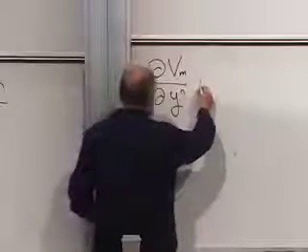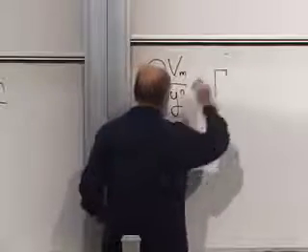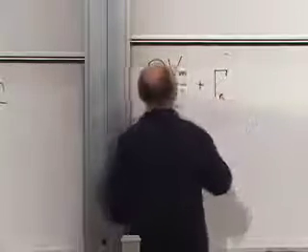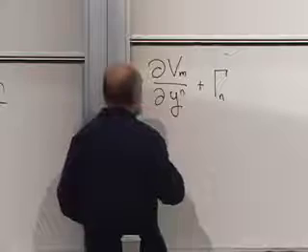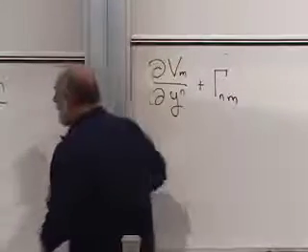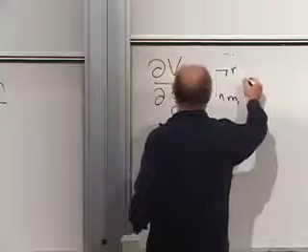And the thing we have to add to it is just this Γ^n_{mr} V^r.